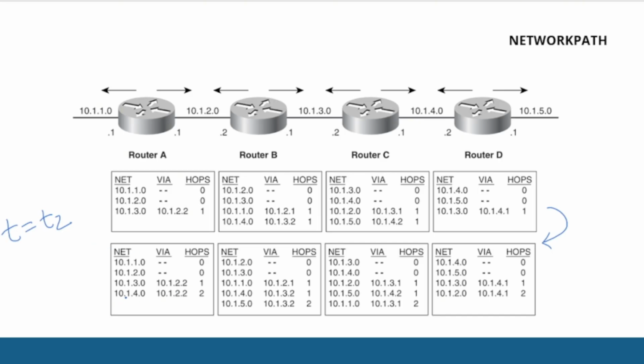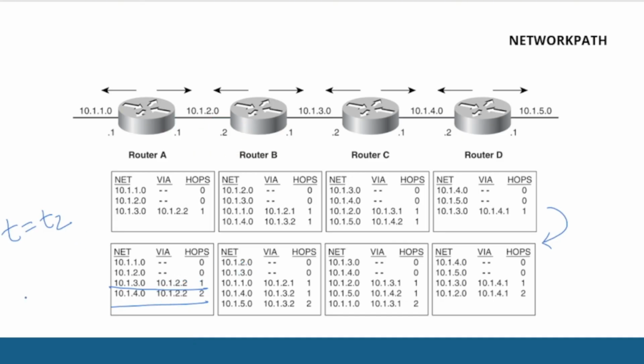And this is how A will get to know that 3.0 and 4.0 are reachable via 2.2, but at different distances. So 3.0 is 1 hop away and 4.0 is 2 hops away.